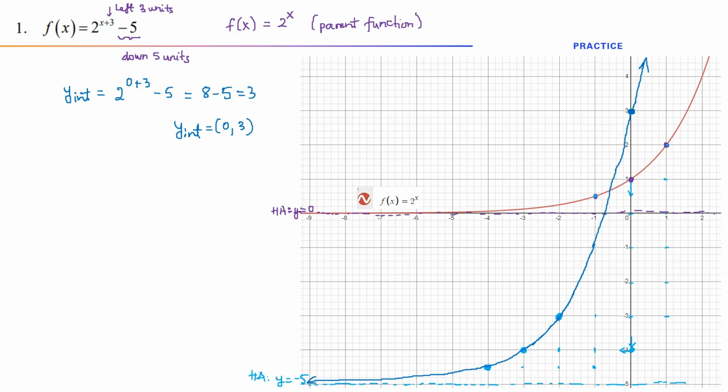So to graph non-linear functions like that, the first step is to figure out what the parent function is. Second step, we know how it translates. Does it go down, go up? Does it go left, go right?